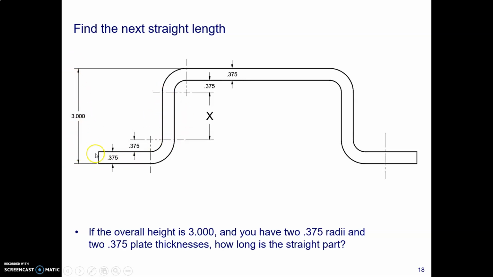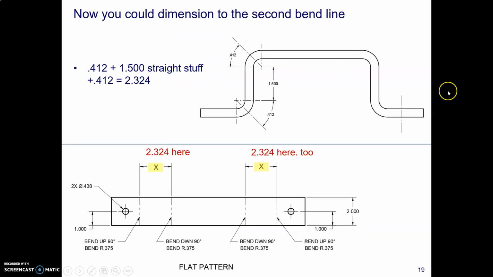So 3 inches minus 3/8 material, minus 3/8 bend radius, straight stuff, minus 3/8 bend radius, minus another 3/8 material. We have 1 1/2 is the amount that we're left with. 3 minus 3/8 minus 3/8 minus 3/8 minus 3/8 leaves 1 1/2.